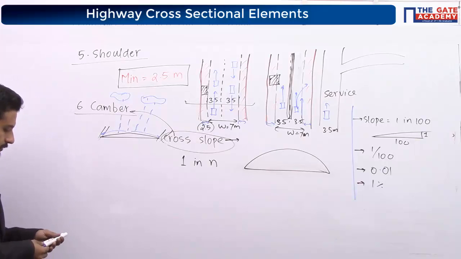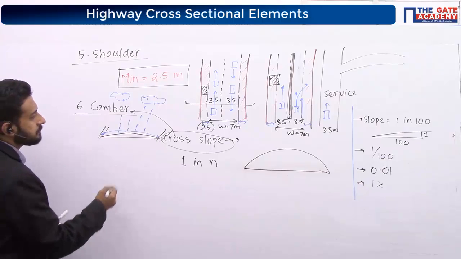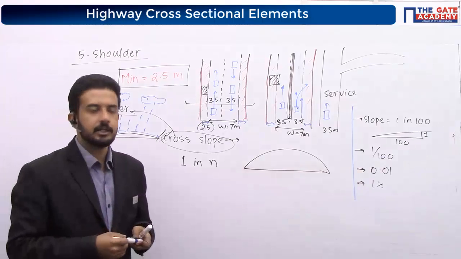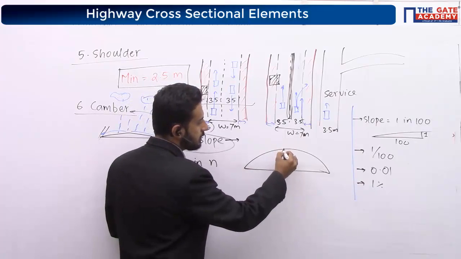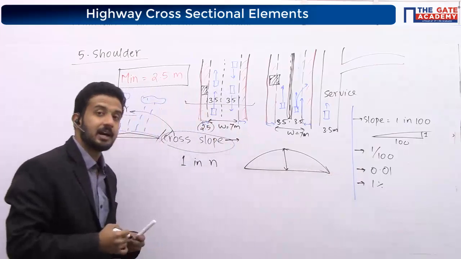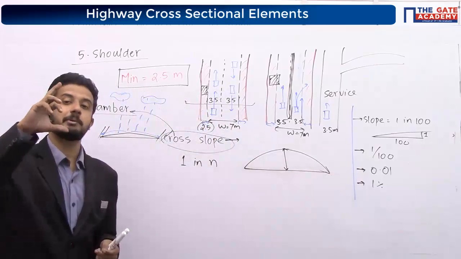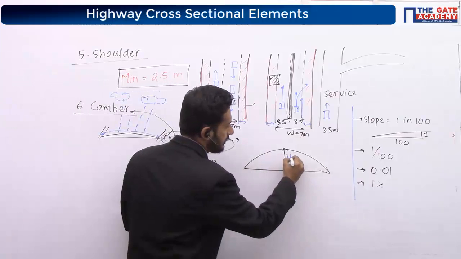Okay, so for camber, what all things do you have to study? Two important points are there. First, what should be the height of this middle portion? The maximum height will be at the middle portion. What will be that height?